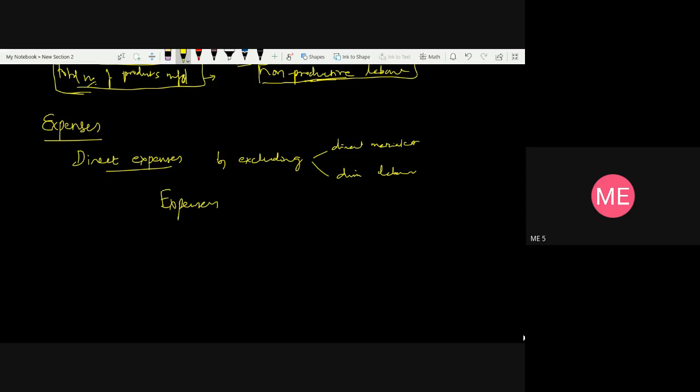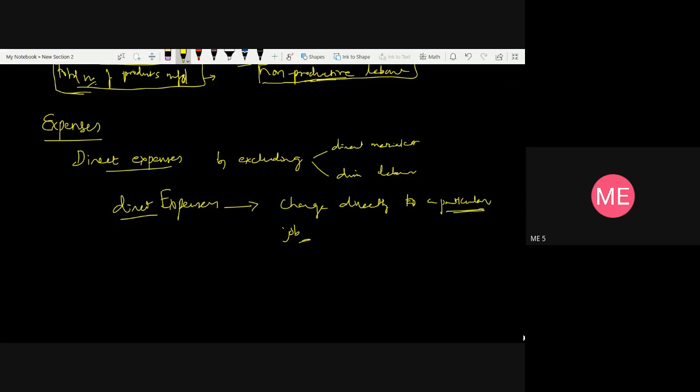Direct expenses are those expenses which we charge directly to a particular job, and which are incurred for the specific job only. It means what expenses are incurred in order to carry out this particular job or activity.